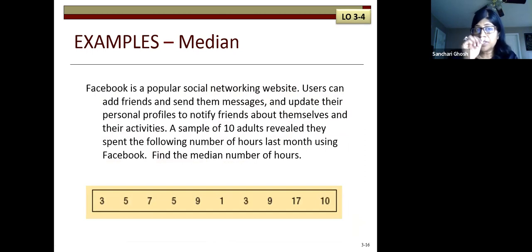So I'll arrange these just for our clarity. These are the numbers given to us. I actually arranged these when I was writing these numbers down. This is what is given to you. You find the median. Very quickly, this might be a problem in the exam.